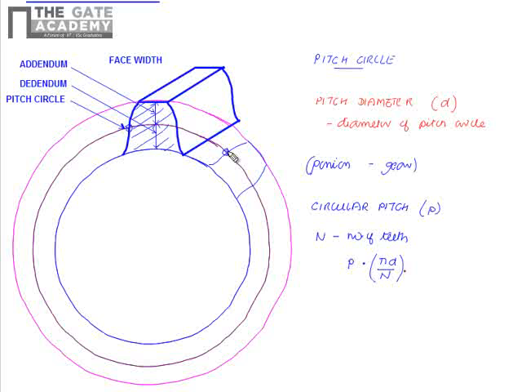And circular pitch is equal to the sum of tooth thickness plus width of space. This much portion is called the tooth thickness and this much portion is called the width of space. So the sum of these two will give the circular pitch.